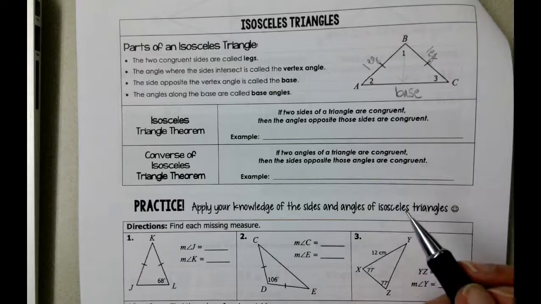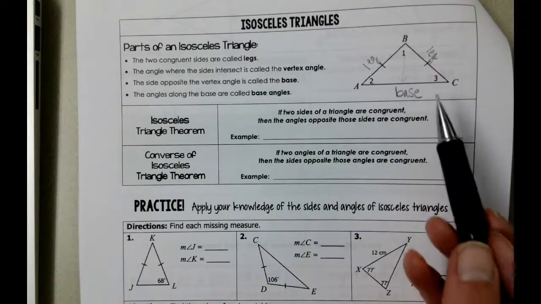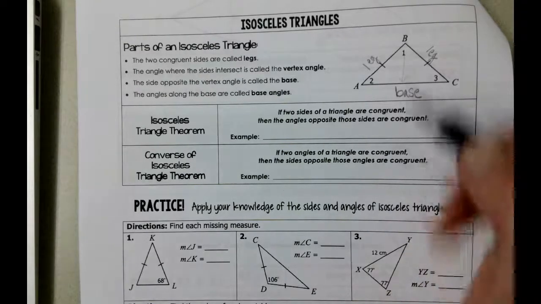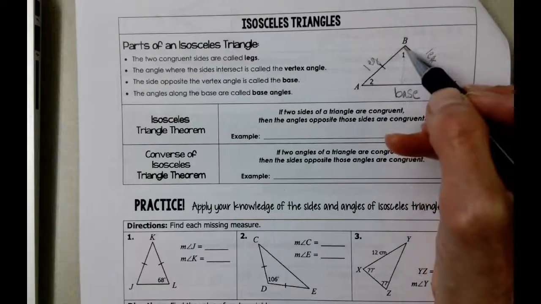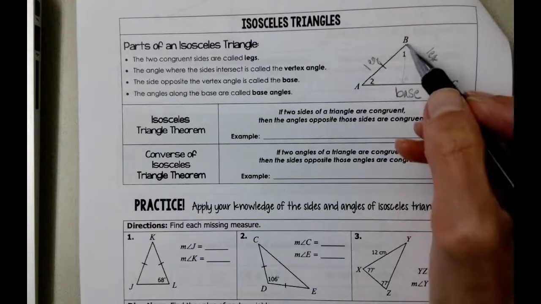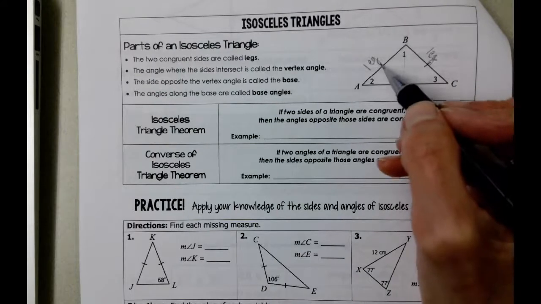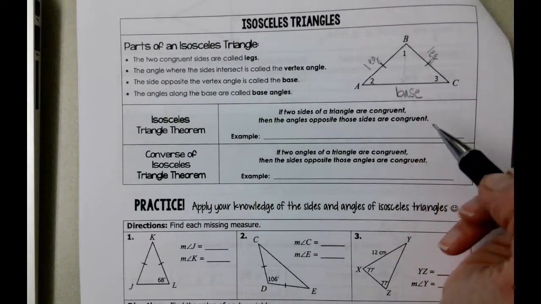are congruent. So if we stick with this picture up above, we know that side AB is congruent to side CB because we've got a tick mark in both of these.